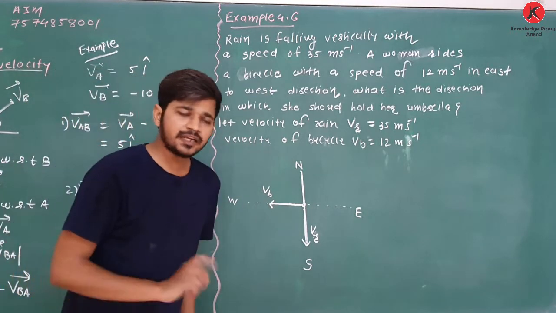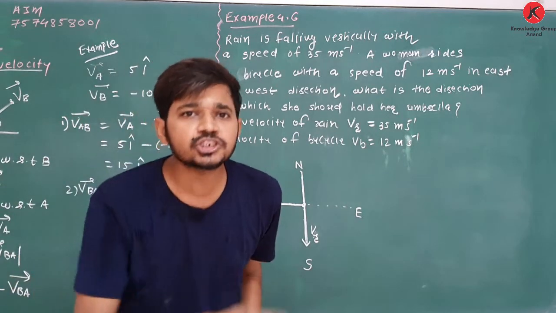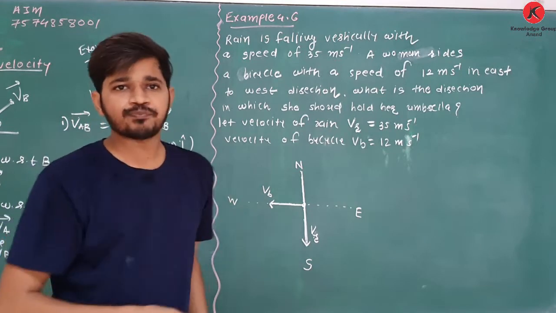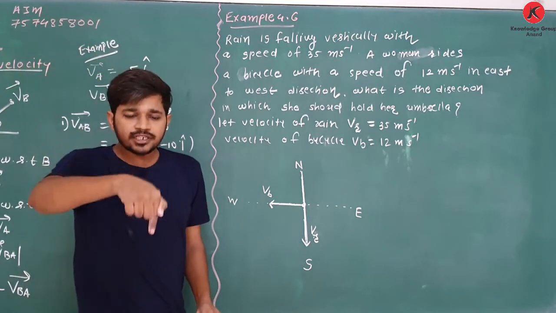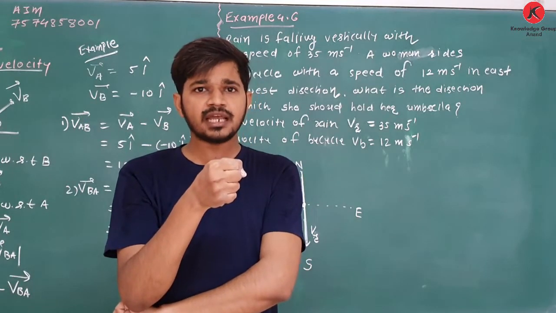Now see, whenever there are two objects in motion, we have to find the relative velocity between them. Here, rain is falling in the vertically downward direction. If you are stationary, you have to hold your umbrella like this.